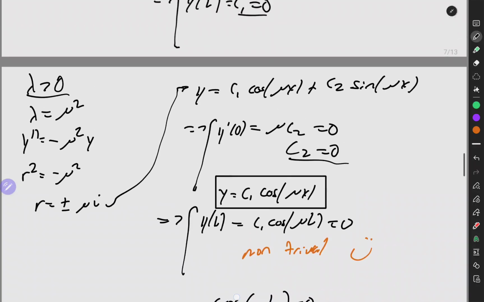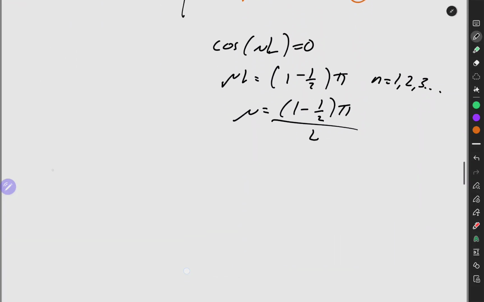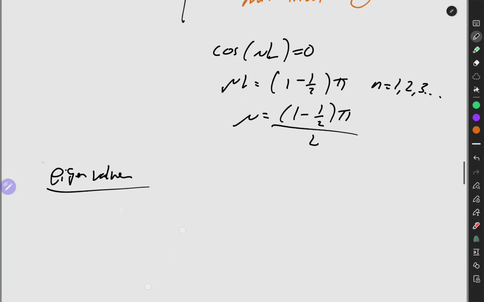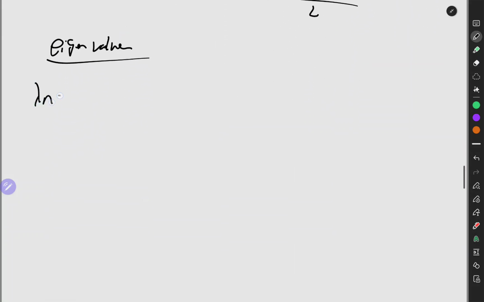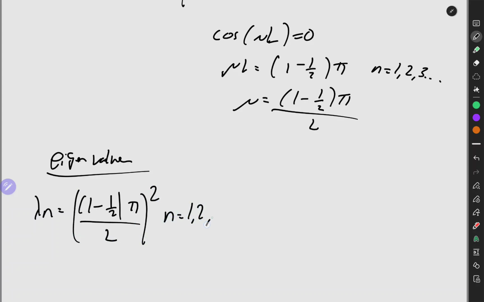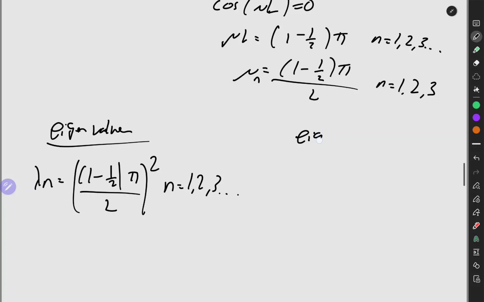And we gotta plug that in there. Okay. So our eigenvalue is mu squared. So we can write it like this. Whoops. I guess I could just square the whole term. I'm gonna fix that real quick because it's bothering me. Okay.